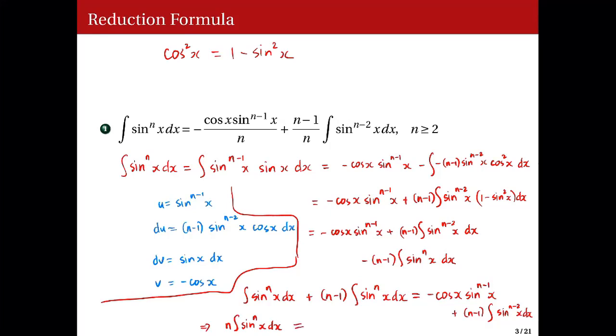And of course, for the right-hand side, it's just this guy. So minus cosine x sine to the n minus 1 x plus quantity n minus 1 integral sine raised to n minus 2 x dx. Okay? And dividing by n, you'll get this formula here.